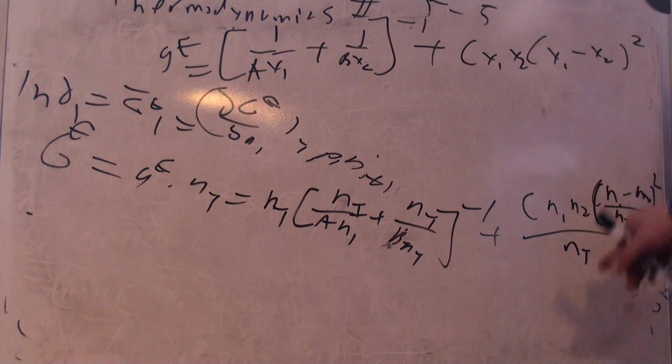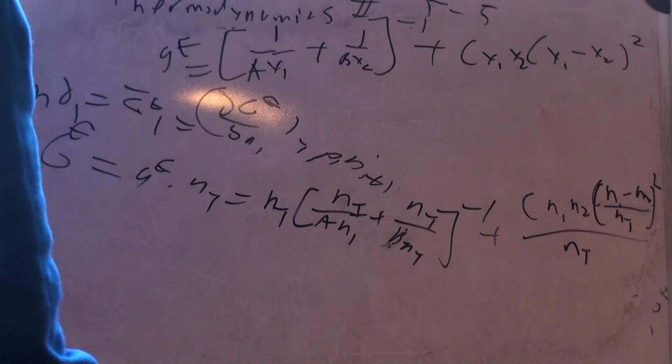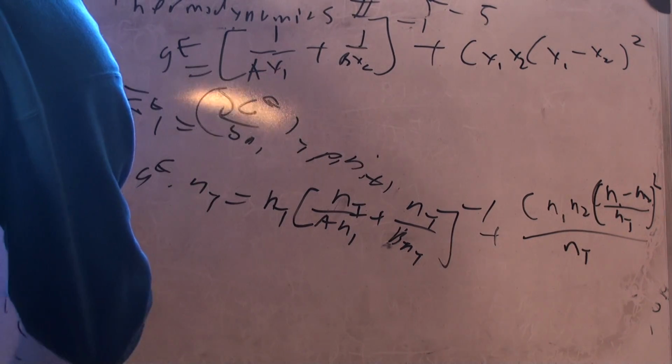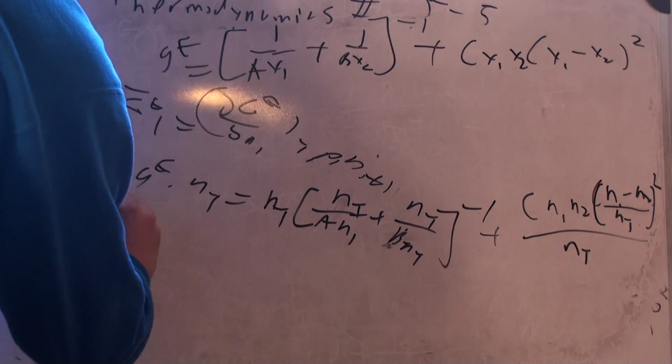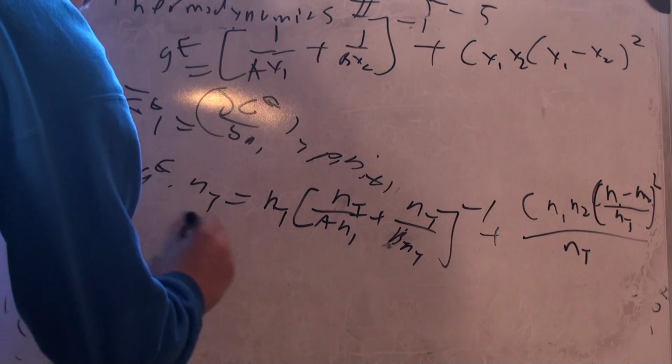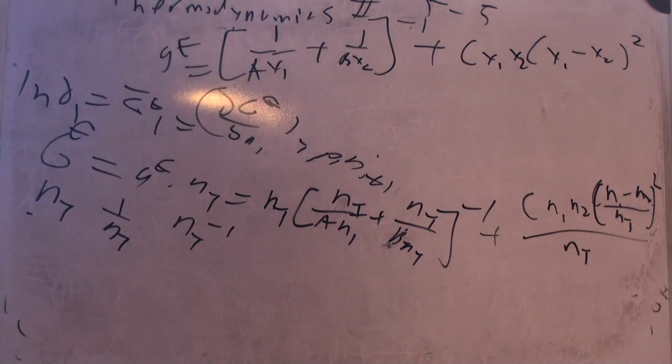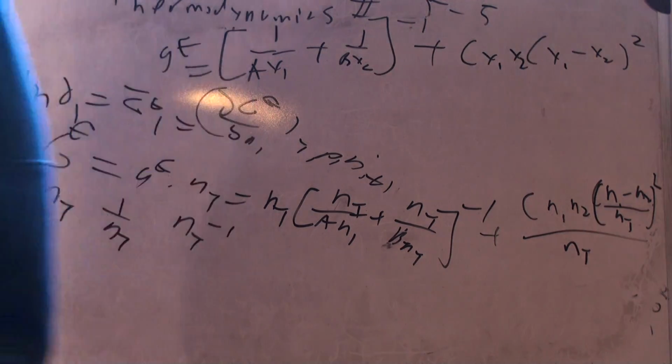Okay, so I can bring those down and then I should be okay. Let's figure out this thing first. One over N total is equal to N total to the negative 1. If I do N to the negative 1, I should be able to bring that in.